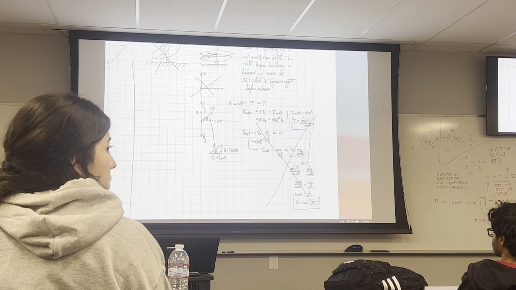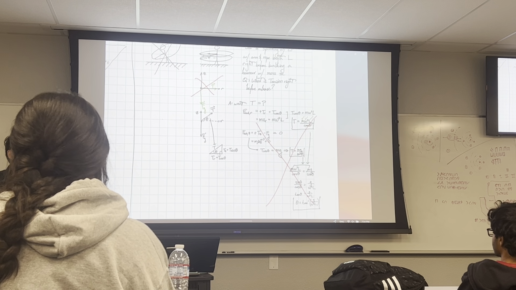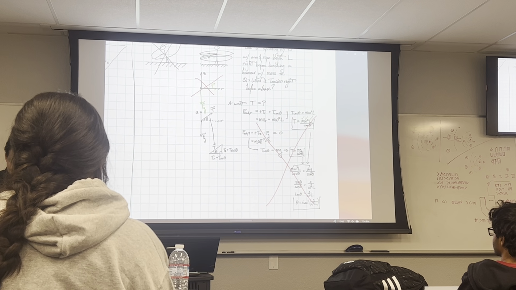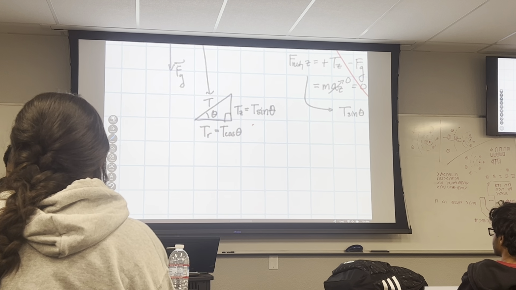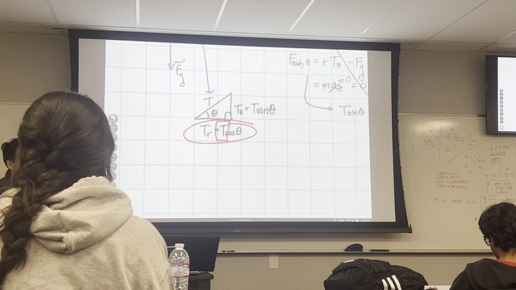This is a long shot, but is it because we're trying to find tension, not the TR or TZ? We need to find the hypotenuse instead of setting TR. Yeah, so by doing this, we are actually getting the actual tension, not just the R component.